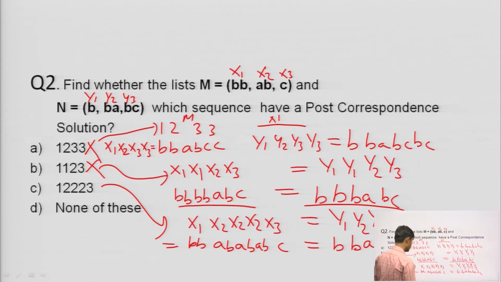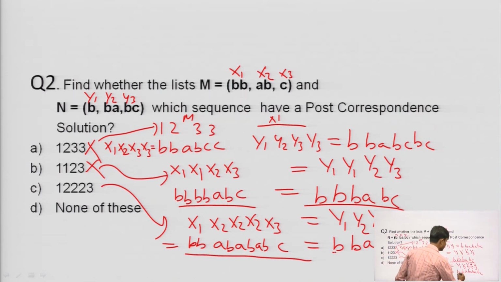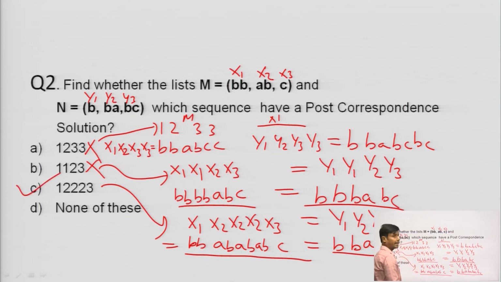Now you see this is an equal string, you got the equal string. So option C is the right answer. So this undecidable problem is a decision problem. This is regarding the Post Correspondence Problem.